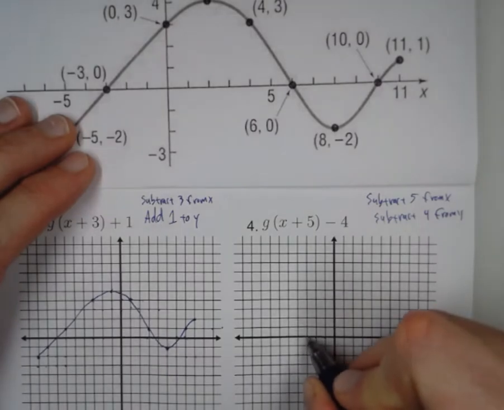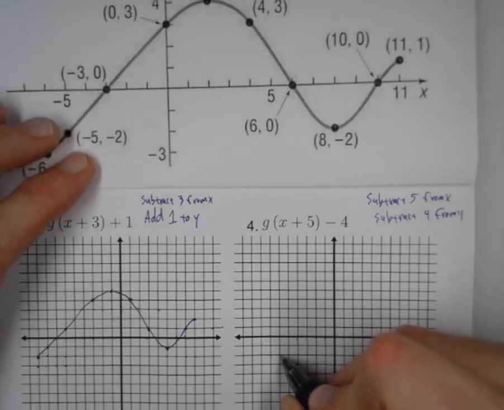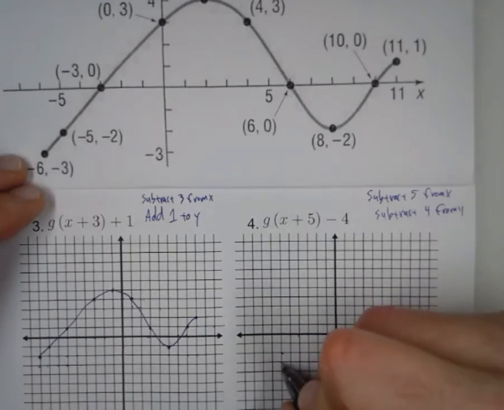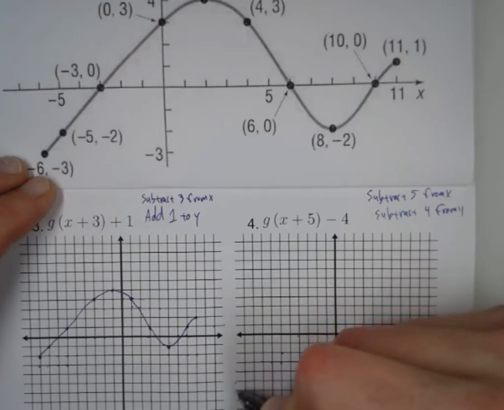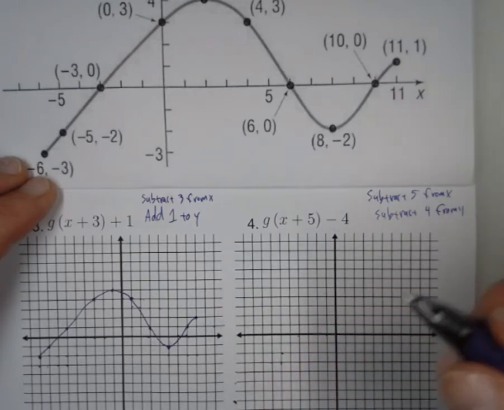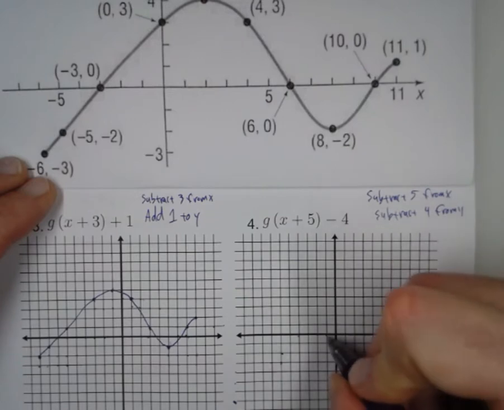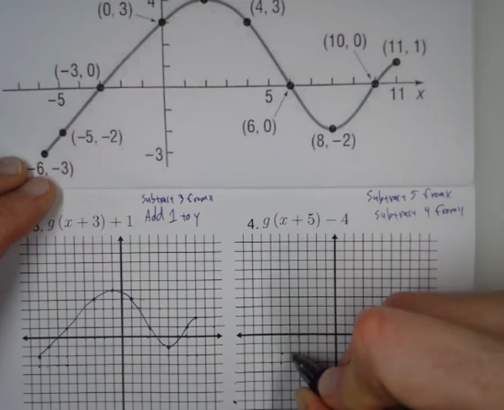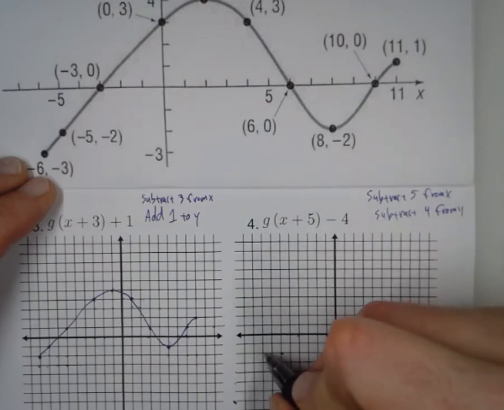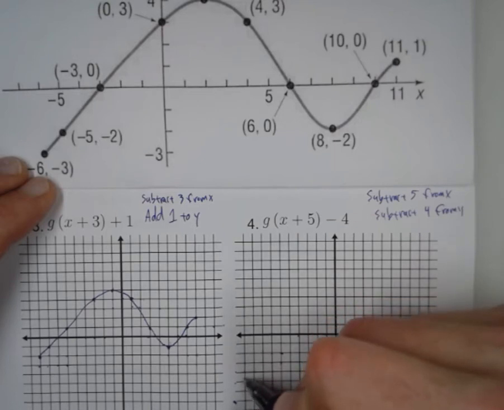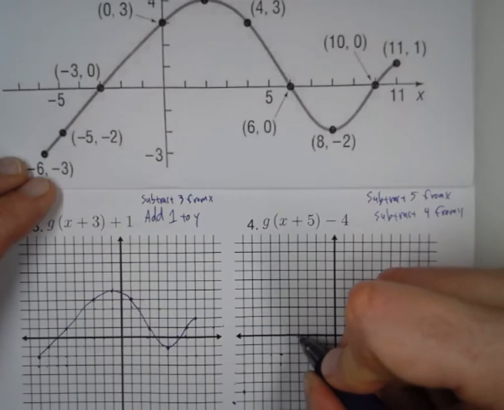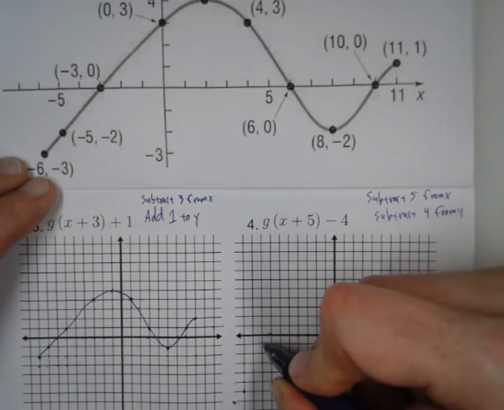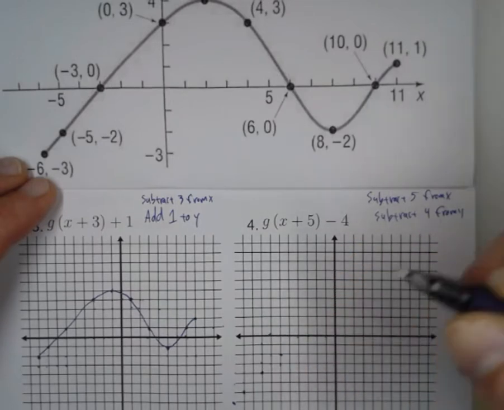So 1, 2, 3, 6, -3. So that means we go 1, 2, 3, 4, 5, down 1, 2, 3, 4, right there. So 1, 2, 3, 4, 5, down 2. So now we go over 1, 2, 3, 4, 5, 1, 4. All right. So every point just moves over 5 and down 4.